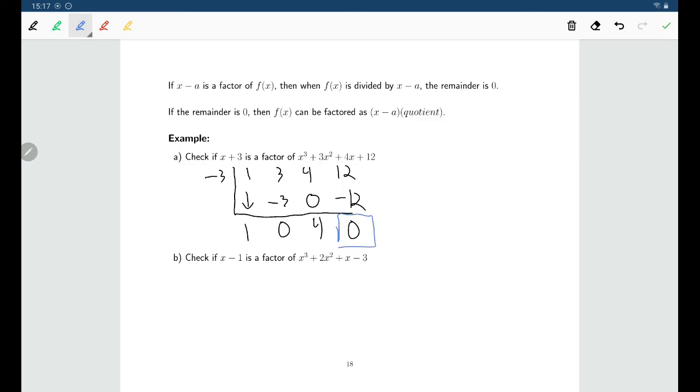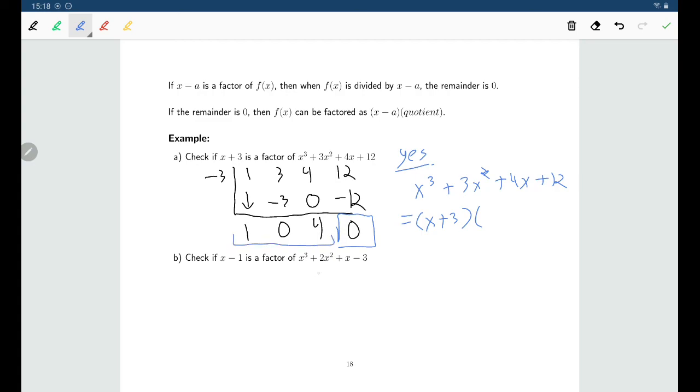So the answer is yes, it is a factor, and in particular you can say that the polynomial x cubed plus 3x squared plus 4x plus 12 could be factored now as x plus 3, which we know was the factor, multiplied by whatever our quotient is.